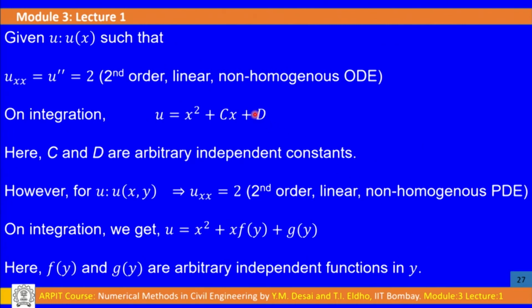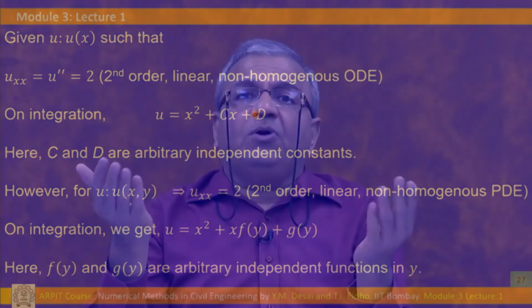So, earlier we would have had the task just to find c and d. Now, we have to evaluate and find f y and g y, then only we will be able to solve this given second order PDE.